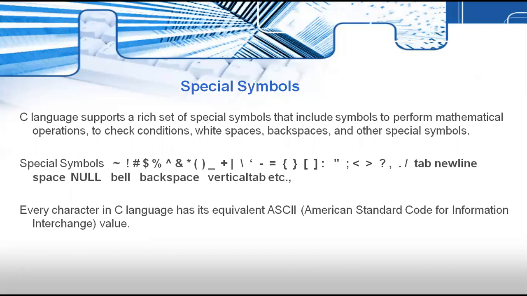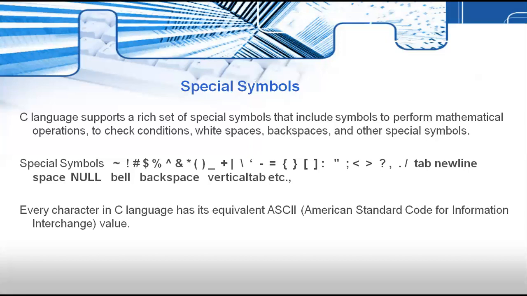The different special symbols we are going to use in this C programming language are: tilde, exclamation mark, hash symbol, dollar sign, percentage sign, caret, ampersand, asterisk, left parenthesis, right parenthesis, underscore, plus, vertical bar, backslash, apostrophe, minus sign, equal to sign, left brace, left bracket, right bracket, colon, quotation mark, semicolon, open angle bracket, closed angle bracket, question mark, comma, period, slash, new line, space, null, bell, backspace, vertical tab, etc.